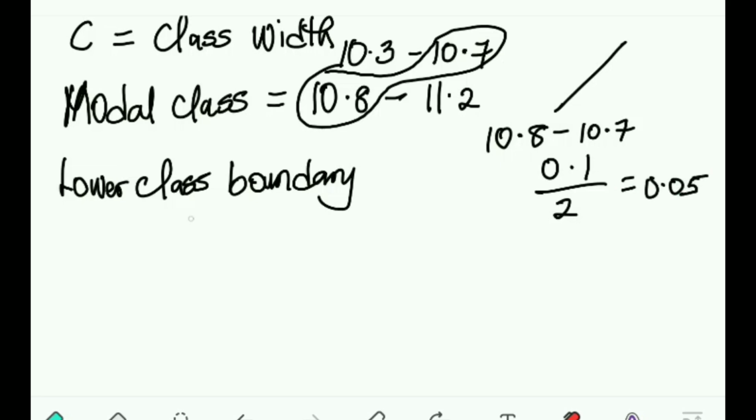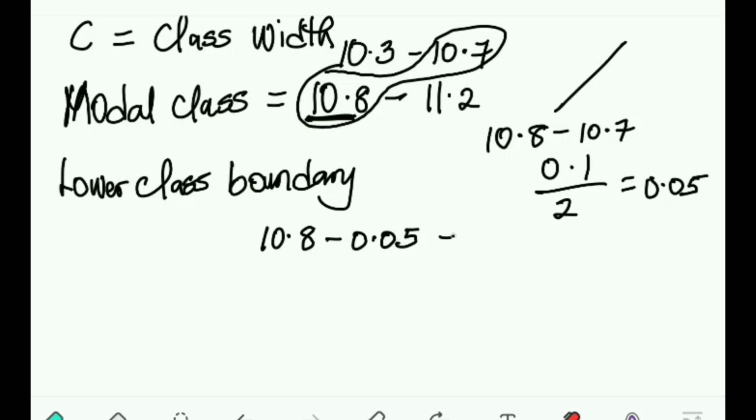Good. So that means you're going to subtract 0.05 from the lower limit of the modal class. You are subtracting 0.05 from the lower modal class. In this place, you have 10.8 minus 0.05.